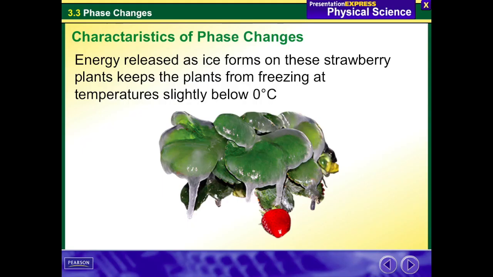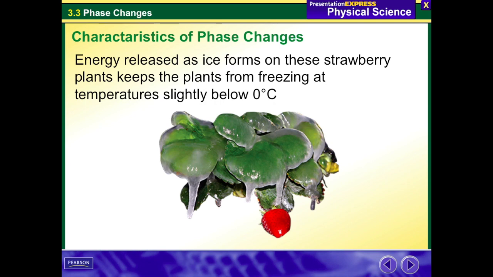In a bizarre twist, energy is released as ice forms. Here's an example, and you will see this in certain farms. They will spray water on crops before it's going to get too cold to protect the crops. Here's what happens. Energy is released as ice forms, and it keeps the plants from freezing at temperatures slightly below zero.